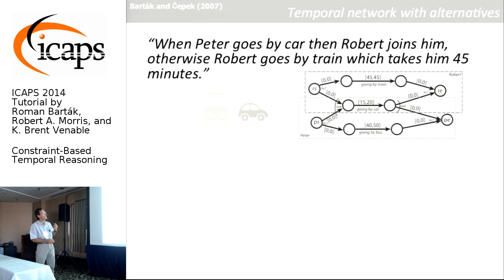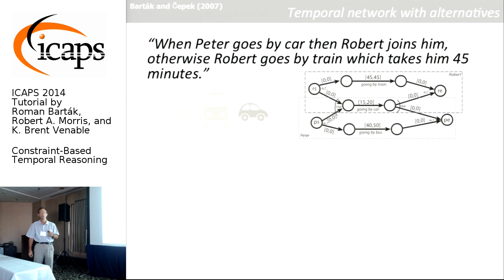But now the major difference is that not all the time points are included in the solution. We need to select, right? Either we will go this way for both of them, or we will go that way for both of them. So these 2 time points may be in some solution, or may not be in the other solution.